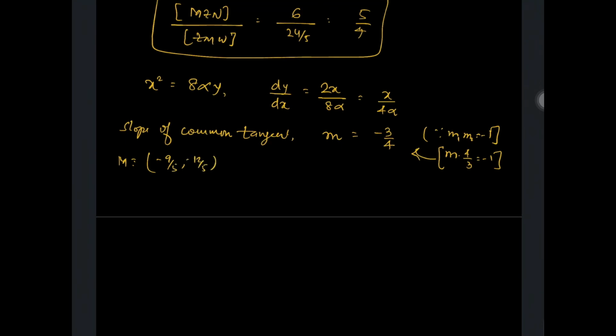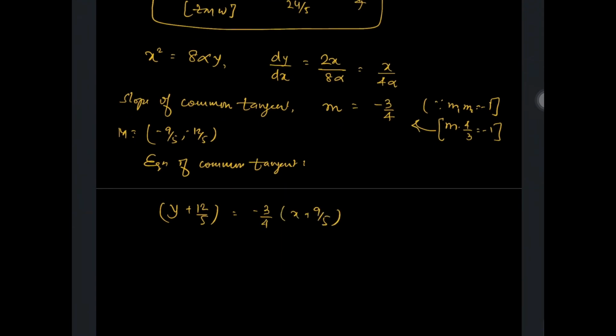So I can write the equation of common tangent. So that is y plus 12 by 5 is equals to minus 3 by 4 (x plus 9 by 5).